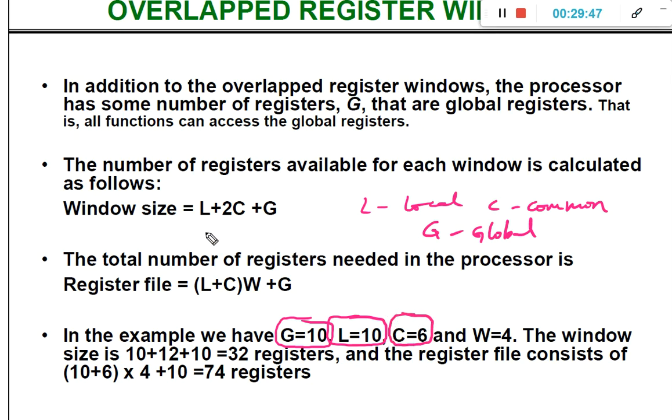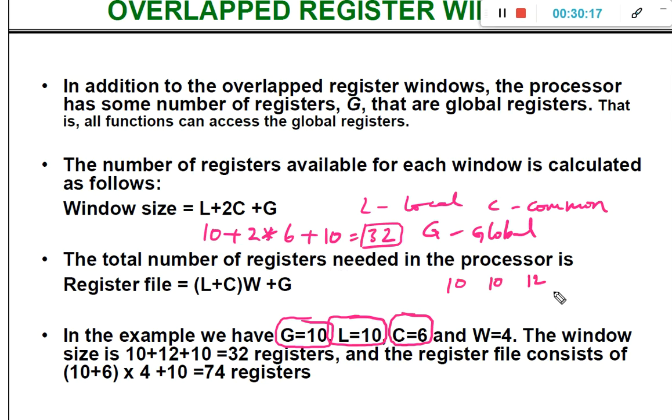So we can find out the window size. L is 10, plus 2 into 6, plus G is 10. So that is totally 32 registers. We are going to use 32 registers for each window: 10 local registers, 10 global registers, and 12 common registers.